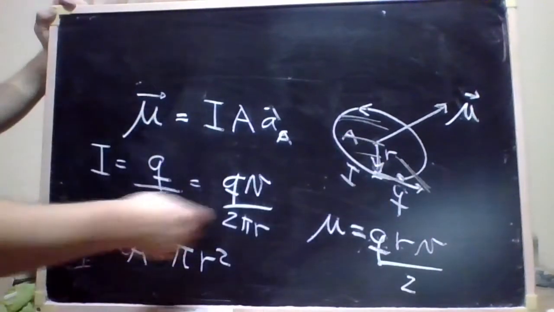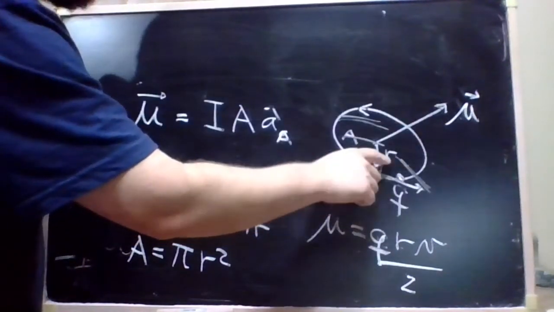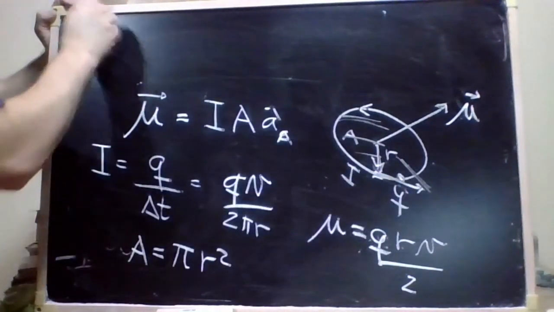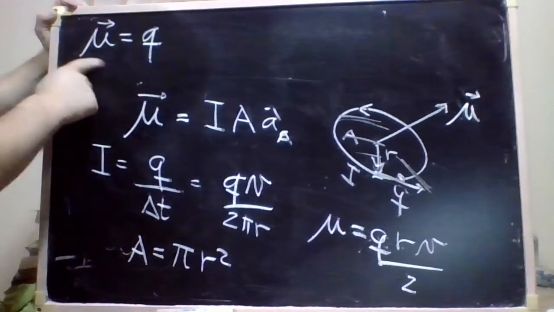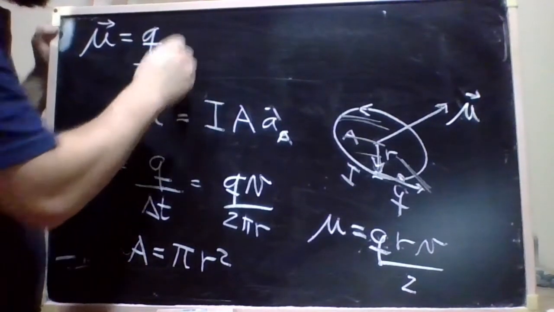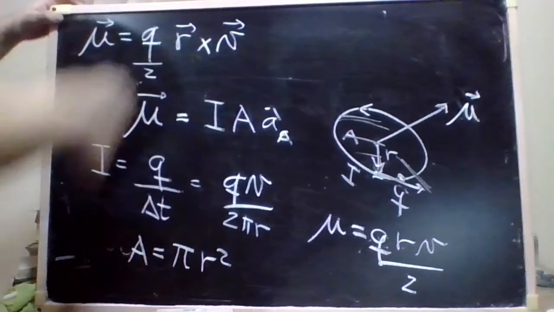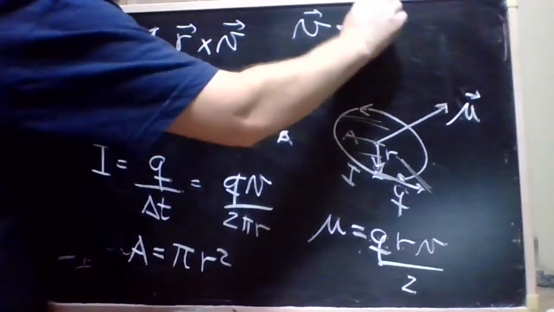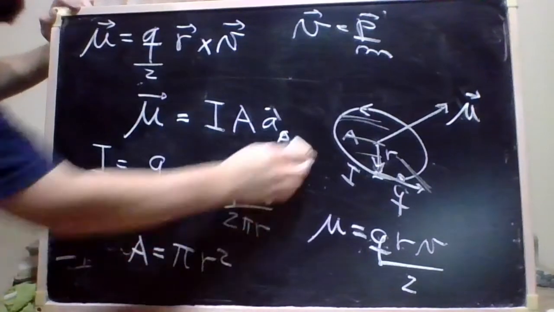So the direction of the area is proportional to r cross v, and I can write then that the vector mu is the charge over 2 r vector, cross product with velocity. And the velocity of a particle is just linear momentum divided by the mass of the particle, all right?